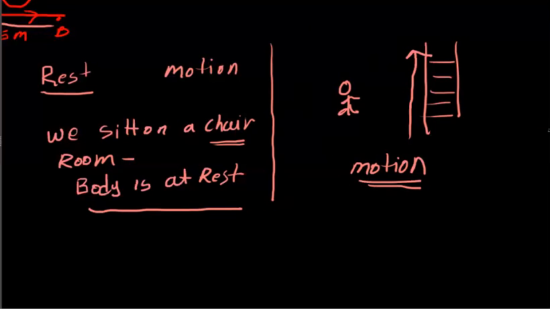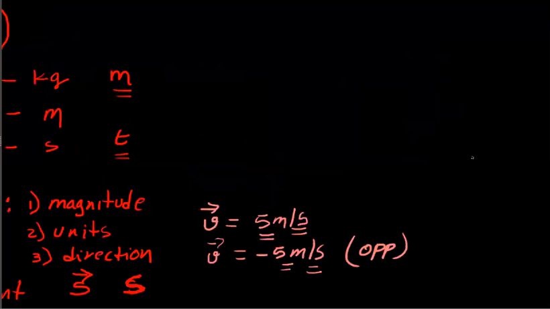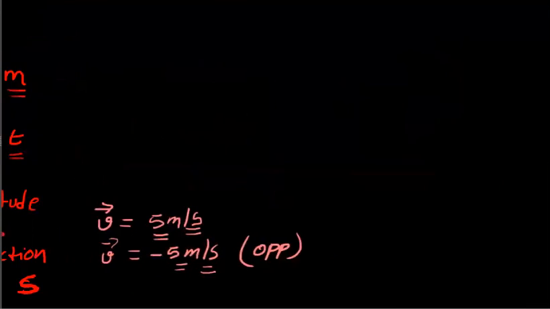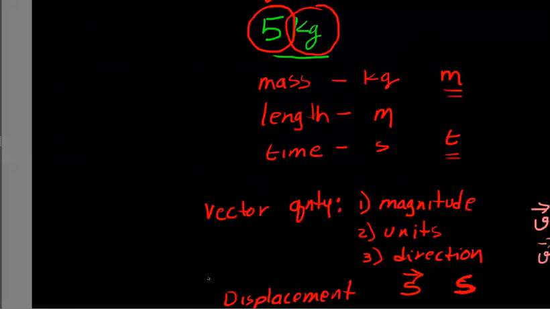Now let's go to the next part, which is one-dimensional motion or rectilinear motion. That is all we are going to talk about in physics, because we are not going to study the multi-dimensional motion in this chapter. So now let's see what a one-dimensional motion is.